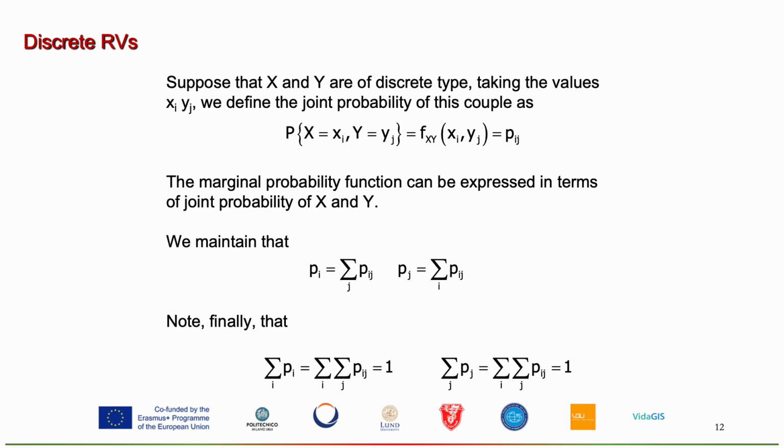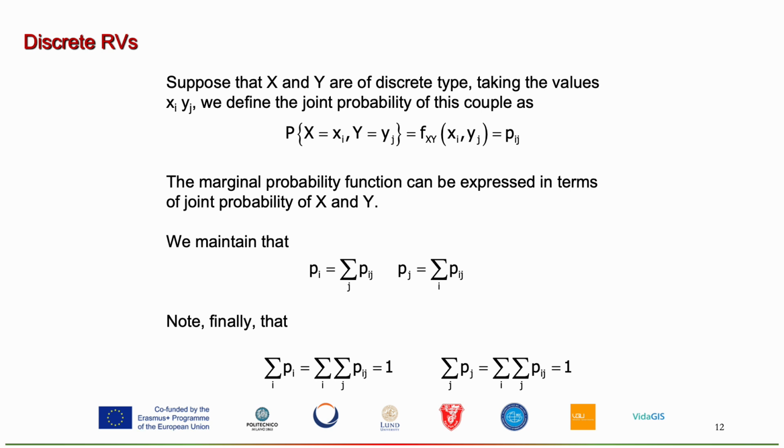So we have discrete values x_i and y_j, and for each couple x_i, y_j, we can define a joint probability as the probability that capital X is equal to x_i and capital Y is equal to y_j. This is the joint probability p_ij, to summarize the symbolism.